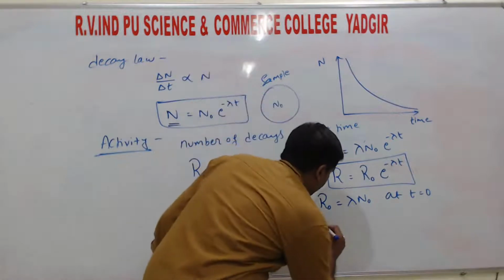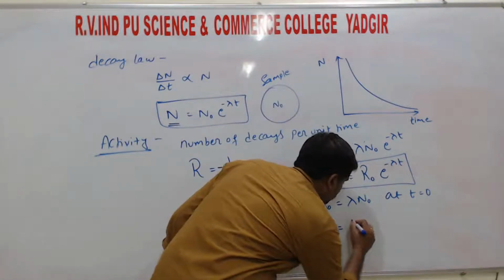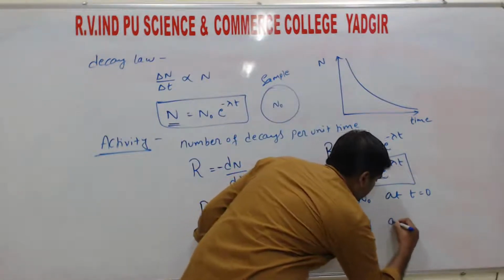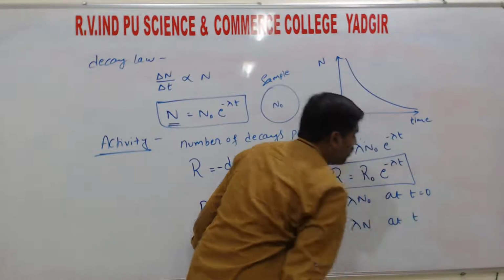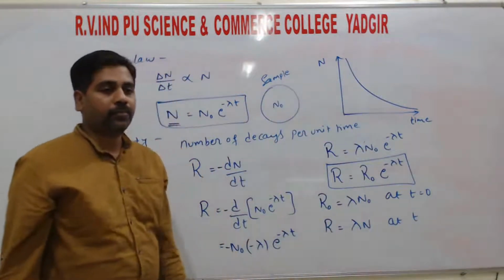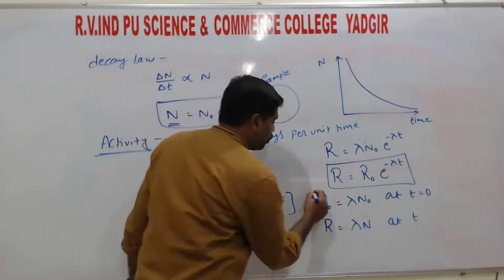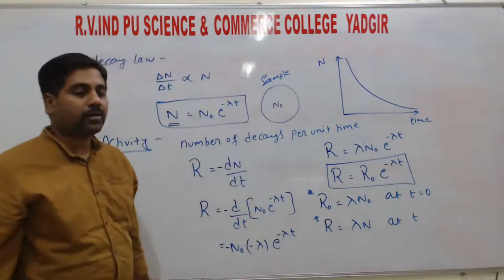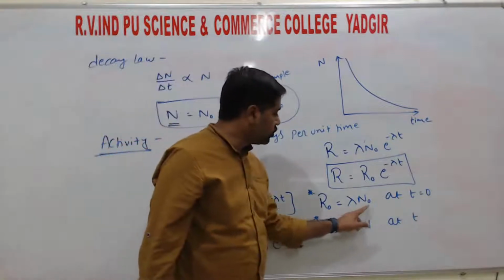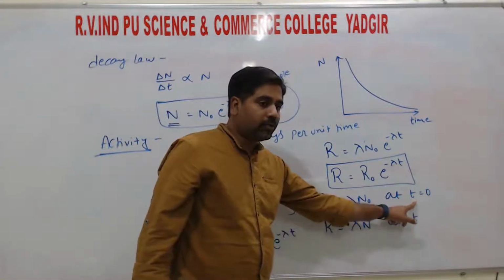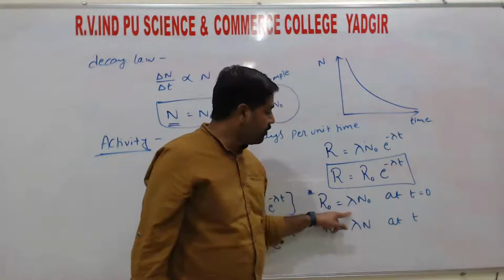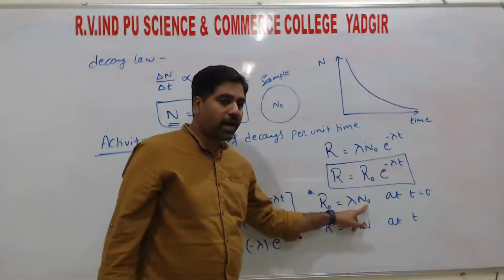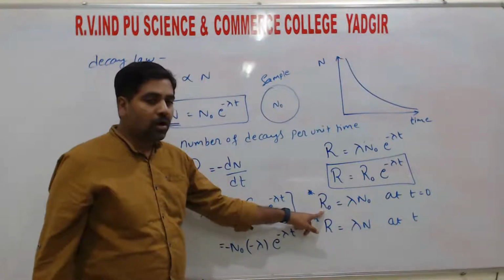And R is equal to lambda N at some arbitrary time t, right? So these are the two important conclusions. Here r naught is equal to lambda n naught at time t equal to 0. That means initially we have a sample of nuclei n naught, then its activity is r naught.